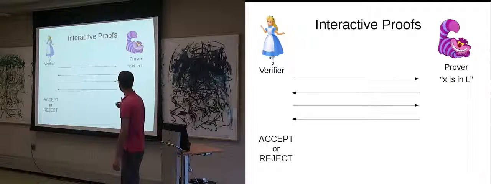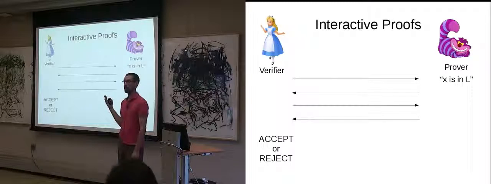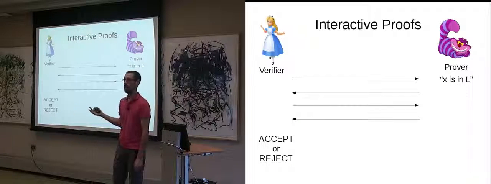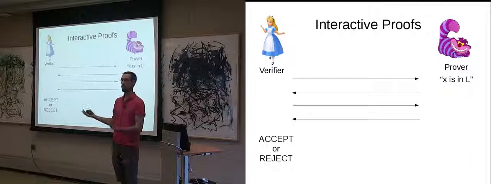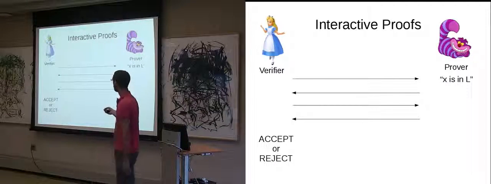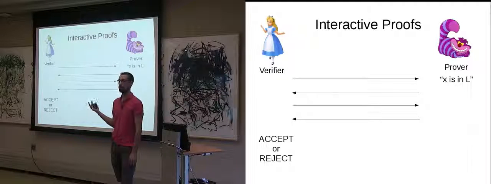Unfortunately, they're not very trustworthy. If we want to tap into this power they have to compute anything we like, we have to develop some means of deciding whether or not they're being truthful when they're doing the calculation. That's the job of the verifier, who would really like to know the answer to this question.